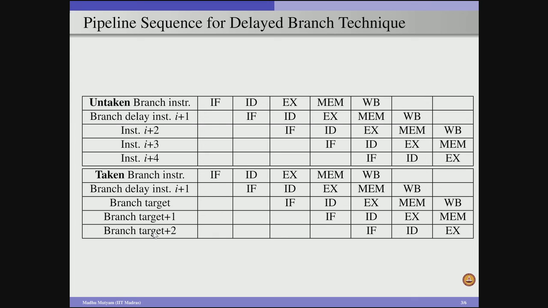we can improve the performance. So the catch is, in the delayed branch technique, if you want to get better performance improvement, then we have to fill the delay slot with some useful instructions. And again, because we are going to take the help of the compiler to fill these delay slots, if the compiler can identify independent instructions that are useful, then we can eliminate even the wastage of this one pipeline cycle, and we will get a significant performance improvement.